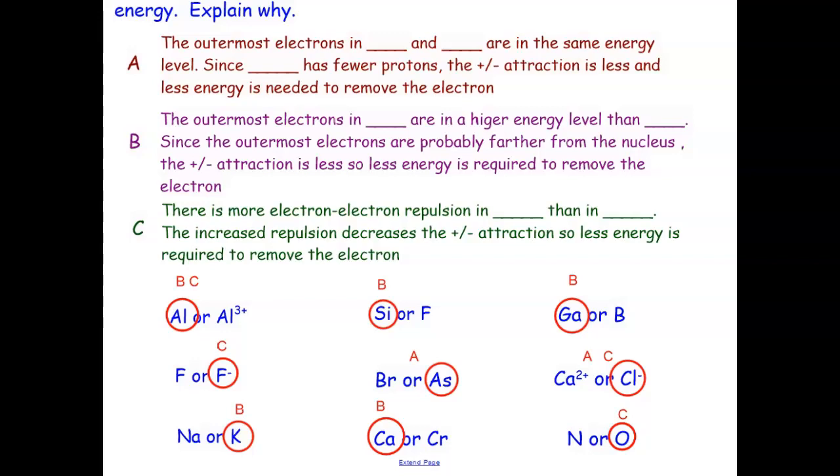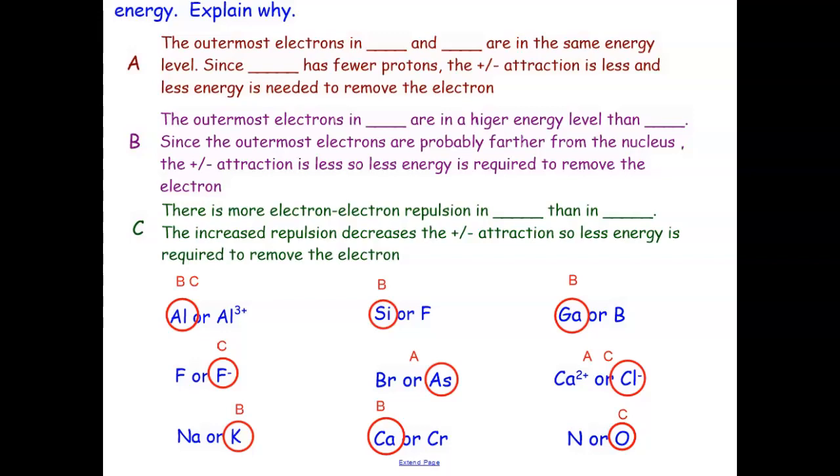Going down, fluoride has more paired orbitals, so it definitely has more electron-electron repulsion. Also going down, potassium has electrons in the 4s orbital, while sodium is in the 3s orbital. So potassium's electrons are farther from the nucleus and easier to remove.